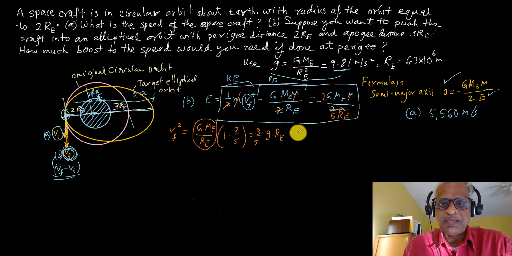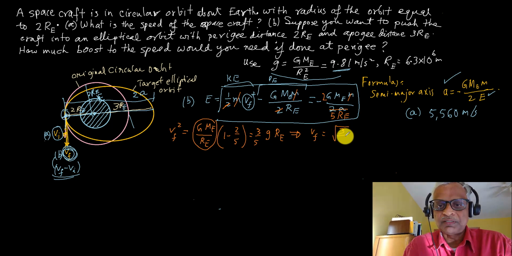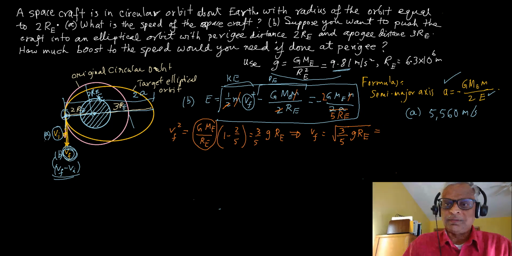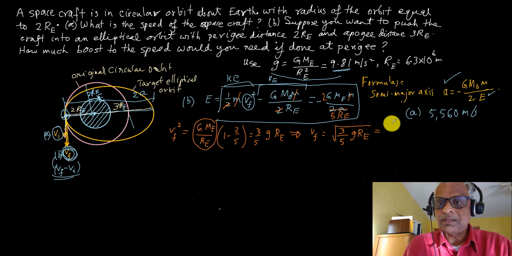So vf will be the square root of 3 over 5 times G RE. Let me see what answer I get. I get 6090 meters per second.